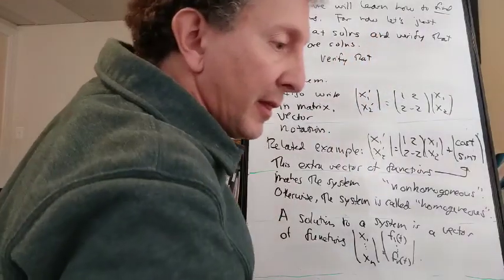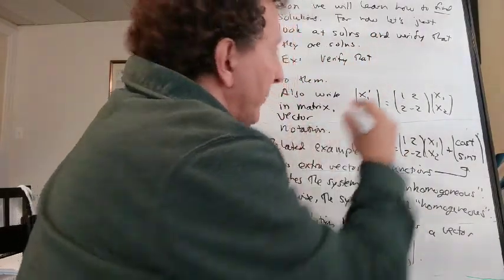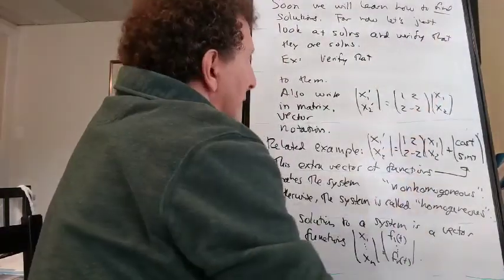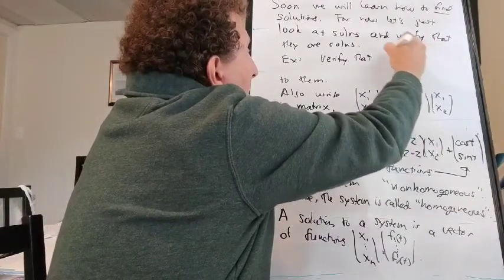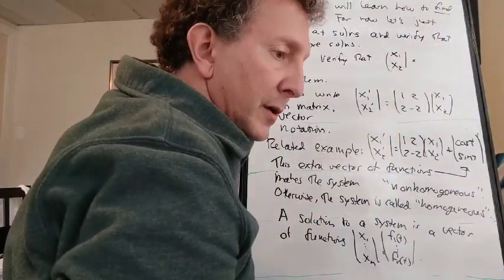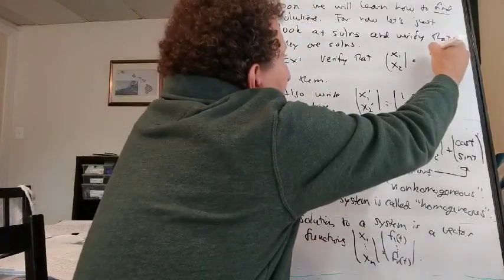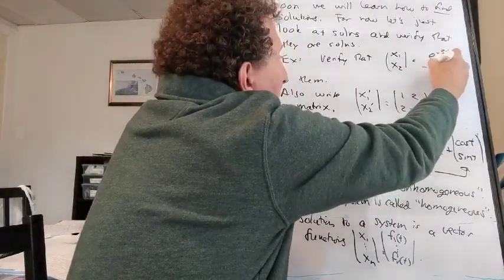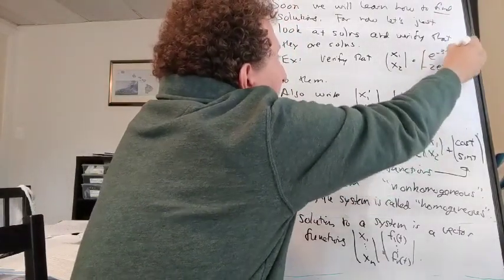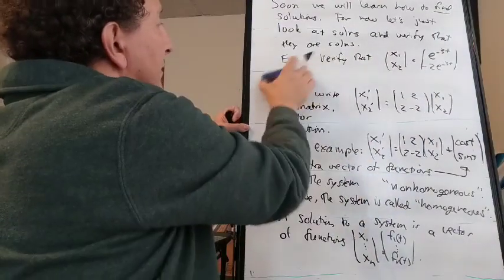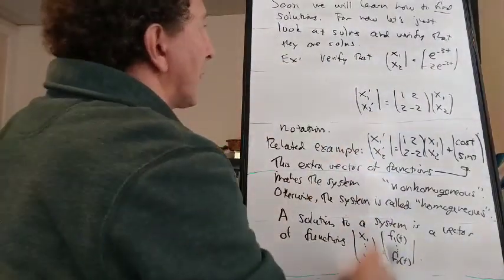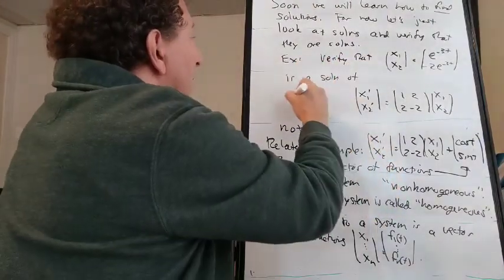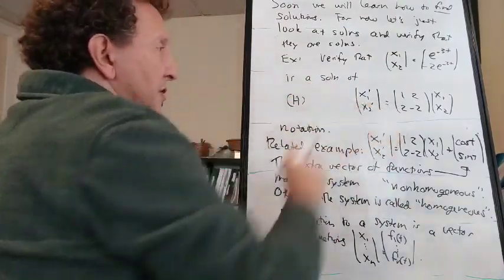Let's verify that x1, x2 equals e to the negative 3t and negative 2 e to the negative 3t is a solution of this homogeneous differential equation.